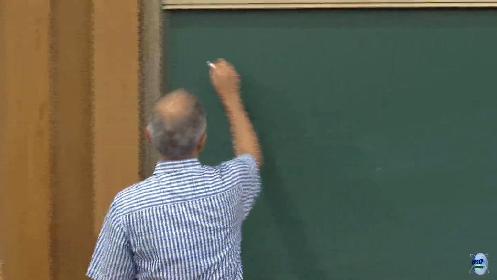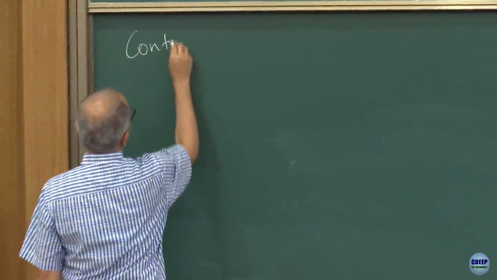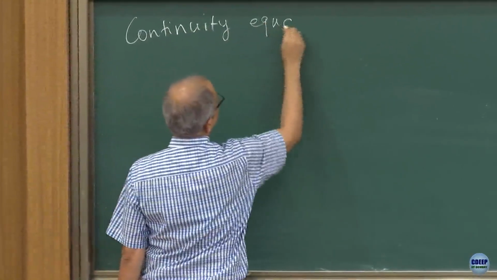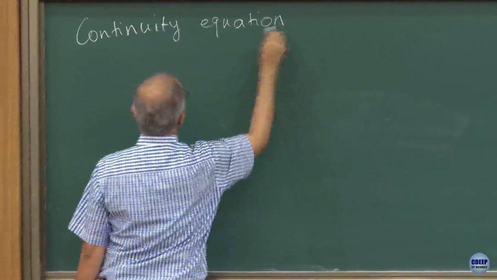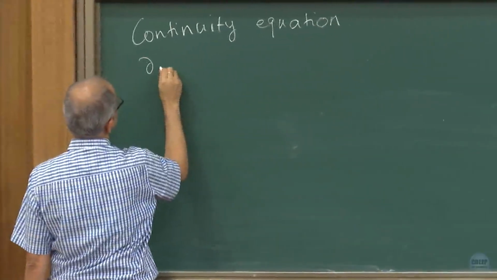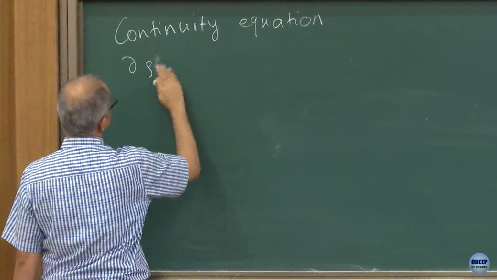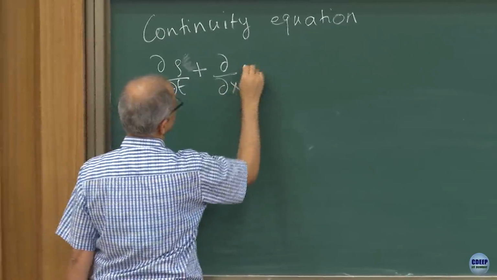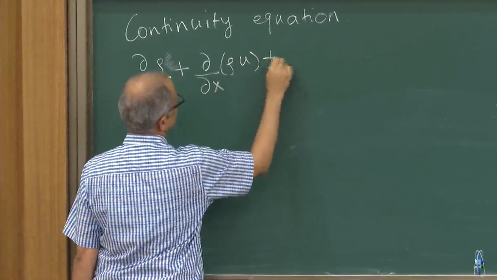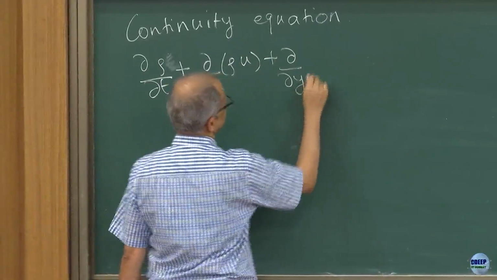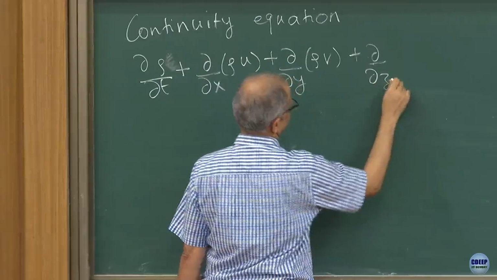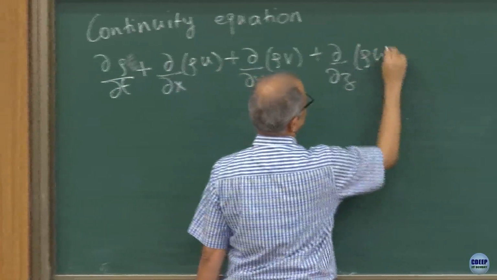So the continuity equation that we got was dou rho by dou t plus dou by dou x of rho u plus dou by dou y of rho v plus dou by dou z of rho w.